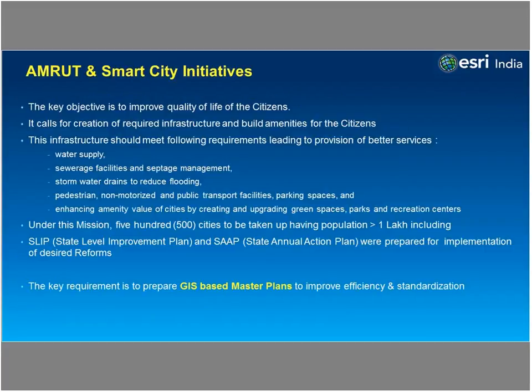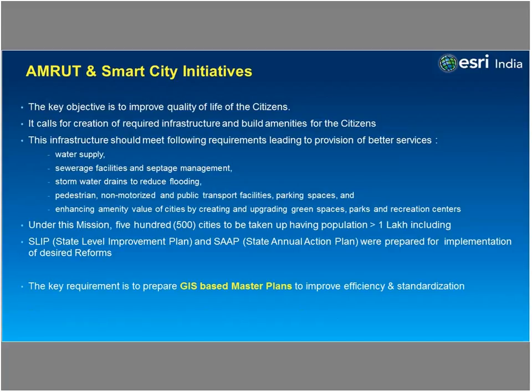Now, if you look at this slide, under the Digital India initiative, where we are talking about AMRUT and smart cities as a key initiative, the key objective is to improve the quality of life for citizens, which calls for the required infrastructure and amenities for them.